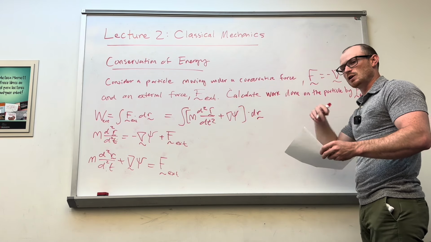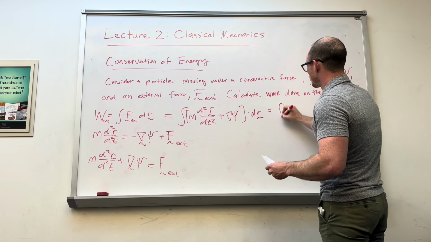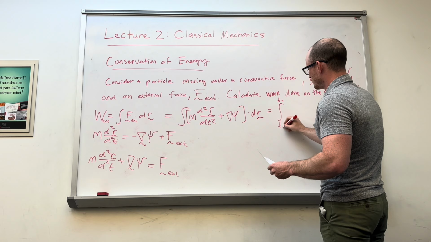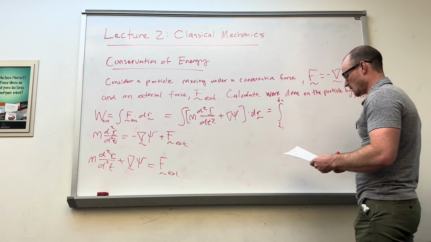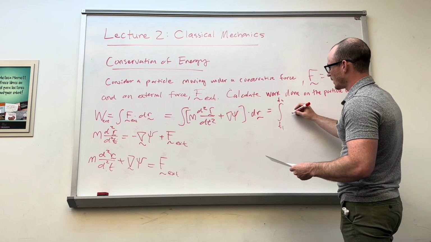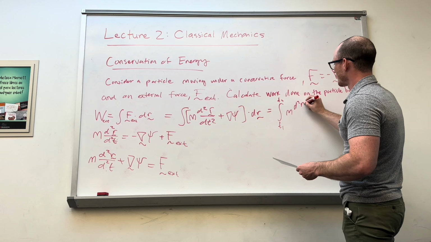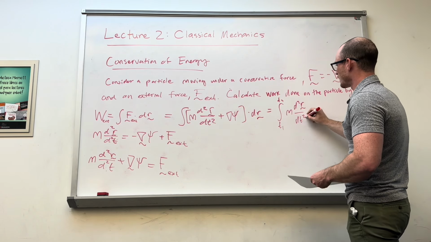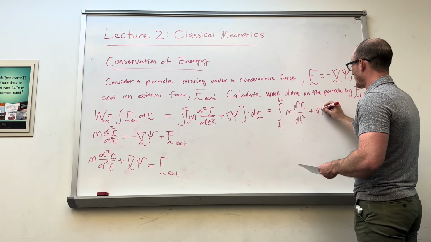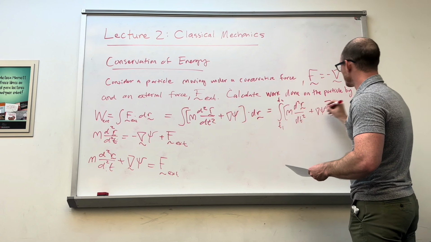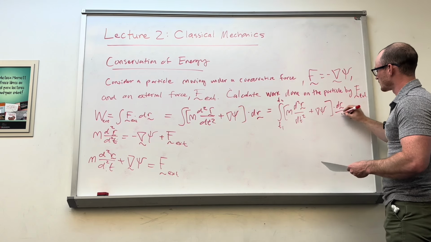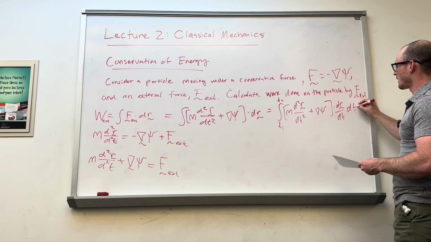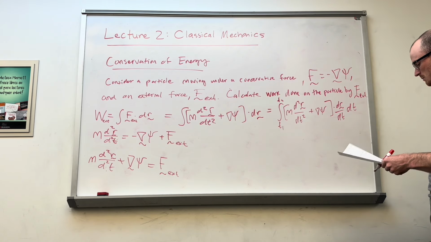Just as last time, we need to do our change of variables, t1 to t2. And we're going to then look at m d squared r dt squared plus the gradient of psi. And now we did our change of variables, which you remember last time was just the velocity times the amount of time that the particle has moved.